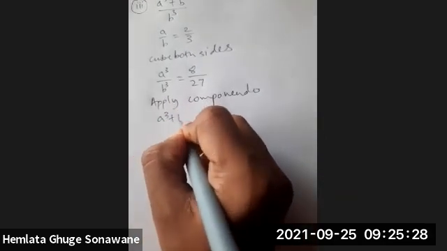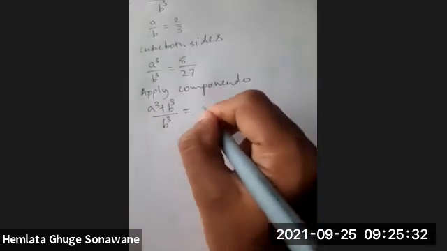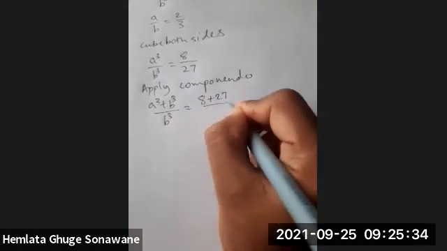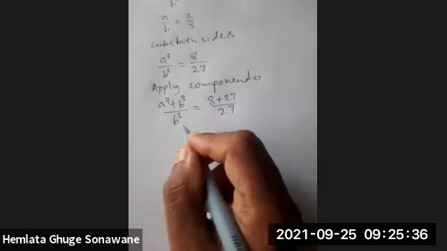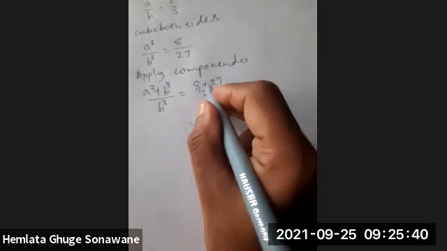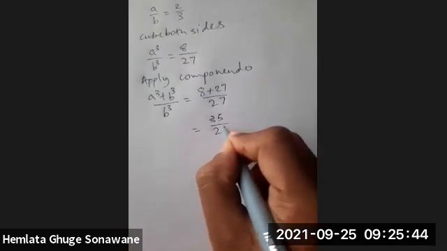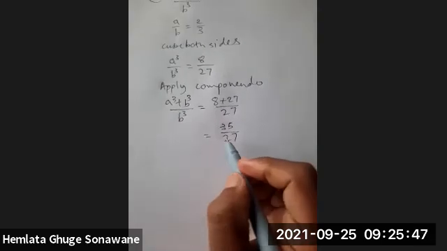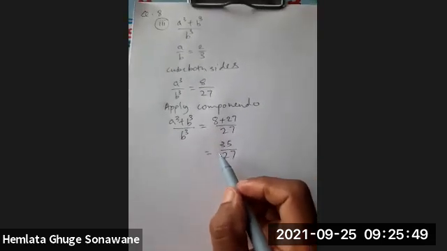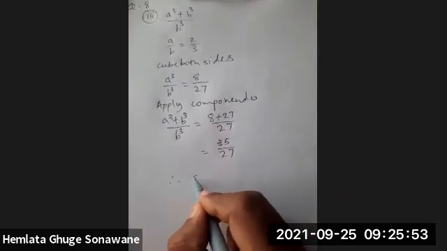A cube plus B cube upon B cube is equal to 8 plus 27 upon 27, that is equal to 27 plus 8, 35 upon 27. Therefore, the value of the given expression is 35 upon 27.